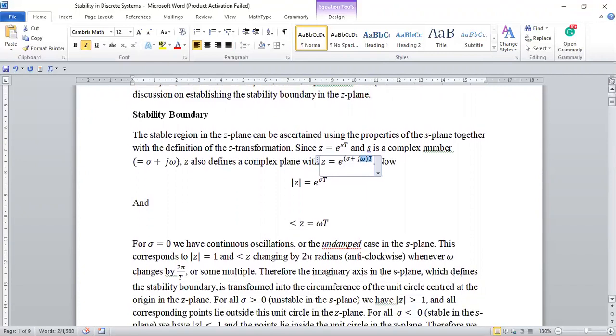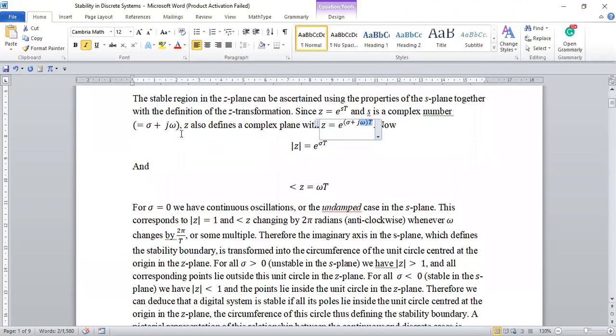In the continuous time case, we know that if sigma is equal to 0, that means that you only have imaginary components. And if you have purely imaginary components, that means that there's going to be oscillations, and that's marginal stability. In this case, let's make sigma equal to 0.